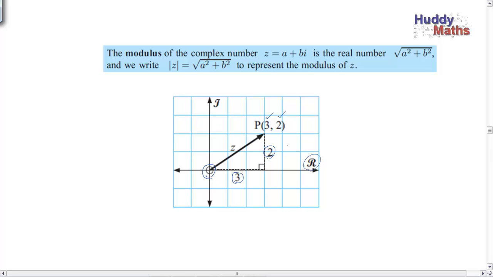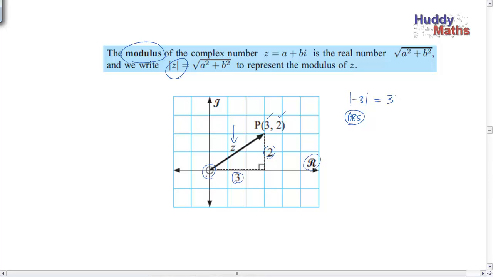Therefore its length by Pythagoras will be the square root of 3 squared plus 2 squared. Now we call this the modulus, or absolute value. Well, we've used that before in other courses. The absolute value, called abs on any technology or calculators, is the size of the number.